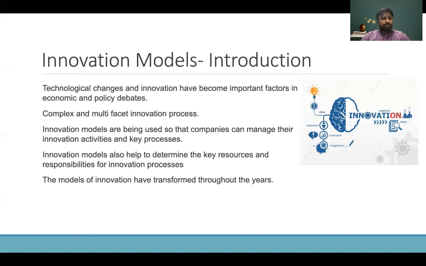So innovation models. Technological changes and innovation have become an important factor in economic and policy debate.